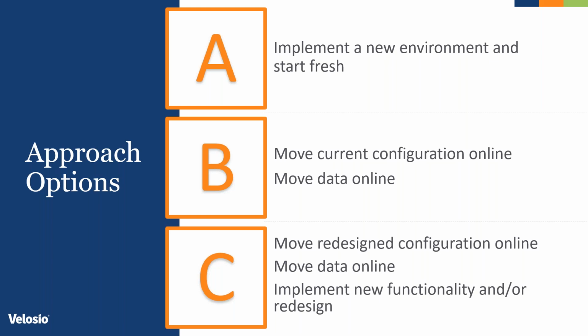So the next option you might want to consider is taking your current configuration and moving it online, and taking your data and moving it online. So this is a situation where you're basically taking as is today and moving it online. That enables you to have all of the benefits of the IT infrastructure that I talked about, and it enables you to, in the future, implement all of those other features and things like that.